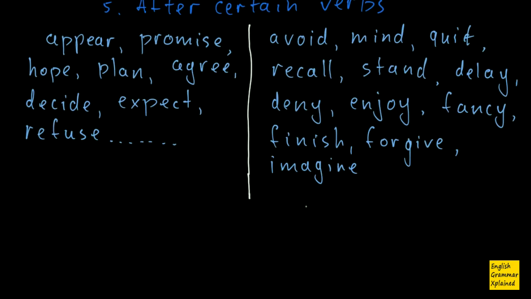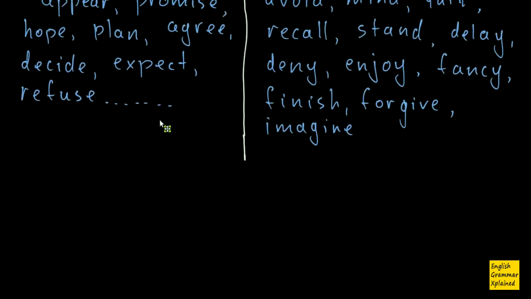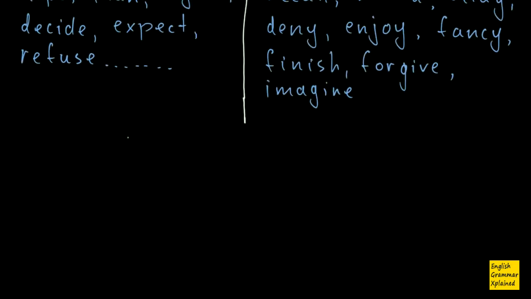Just look into the end of your book and I can guarantee that there is some chart of these verbs. And finally, last but not least, case number 6: we use infinitive and gerund after modal verbs.